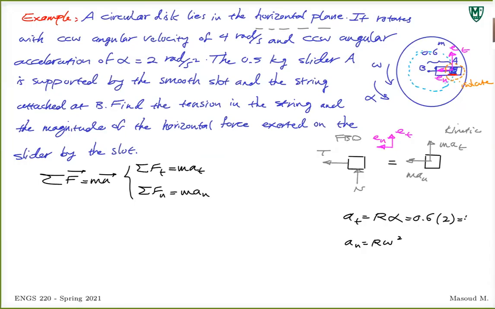That would be 1.2 meters per second squared. Then 0.6 times omega squared, where the angular velocity omega is 4, so 4 squared is 16. That becomes 9.6 meters per second squared.